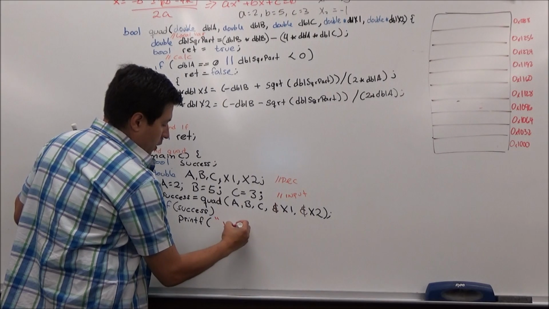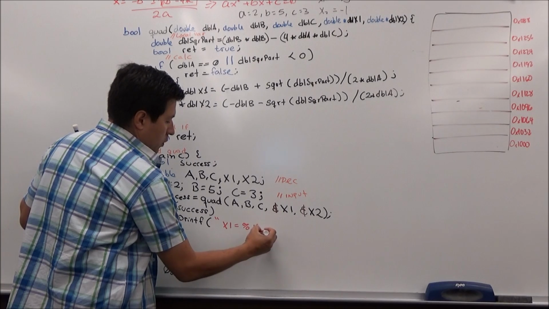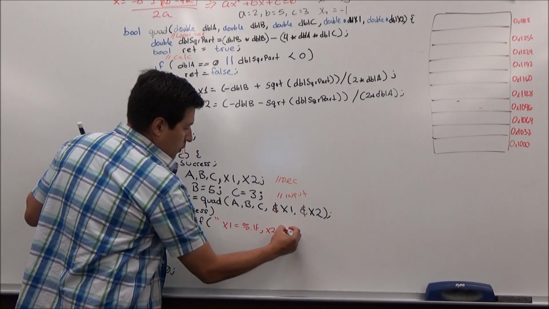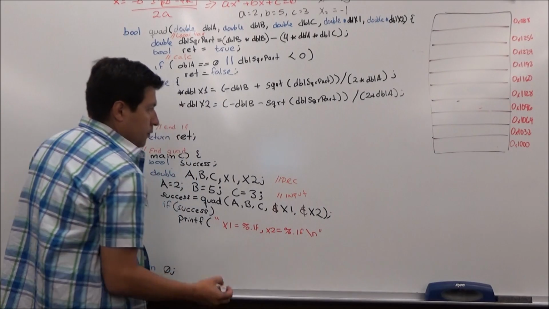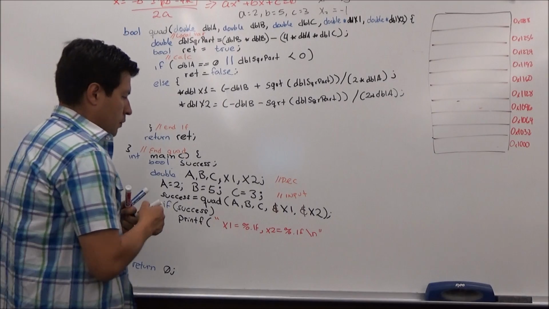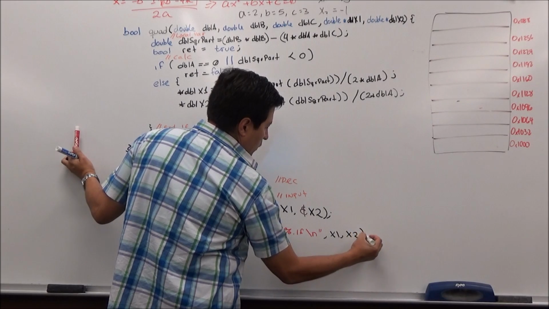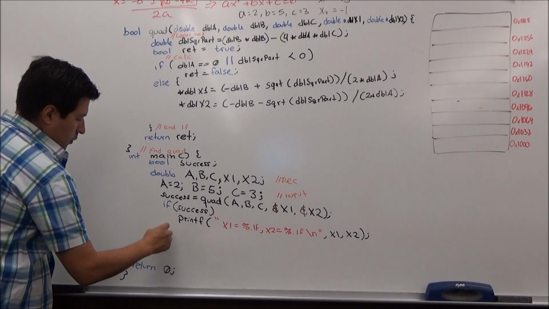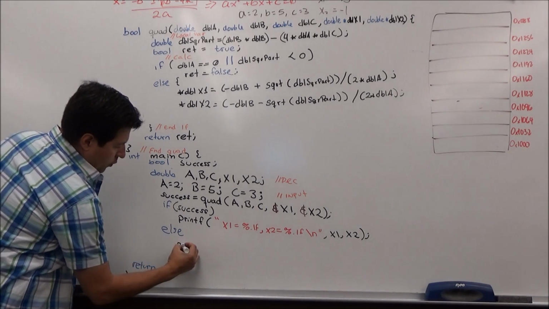So x1 equals percentage, I'm gonna use 0.1 float, comma, x2 equals 0.1 float, new line, x1, comma, x2. Otherwise, just print an error message.